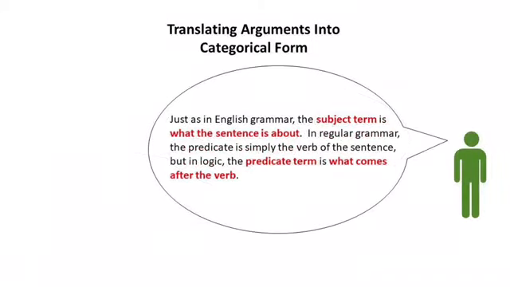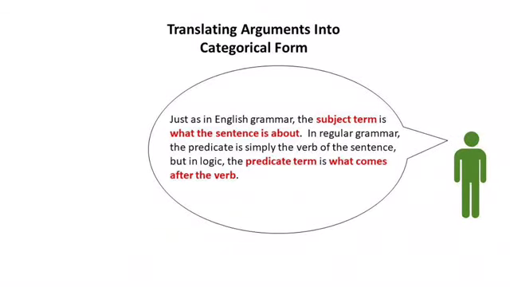Now, you may think you already know what those are from English grammar, but we want to be very clear here. So our little fellow in green comes back and he says, just as in English grammar, the subject term is what the subject or the sentence is about. In regular grammar, the predicate is simply the verb of the sentence, but in logic, the predicate term is what comes after the verb.